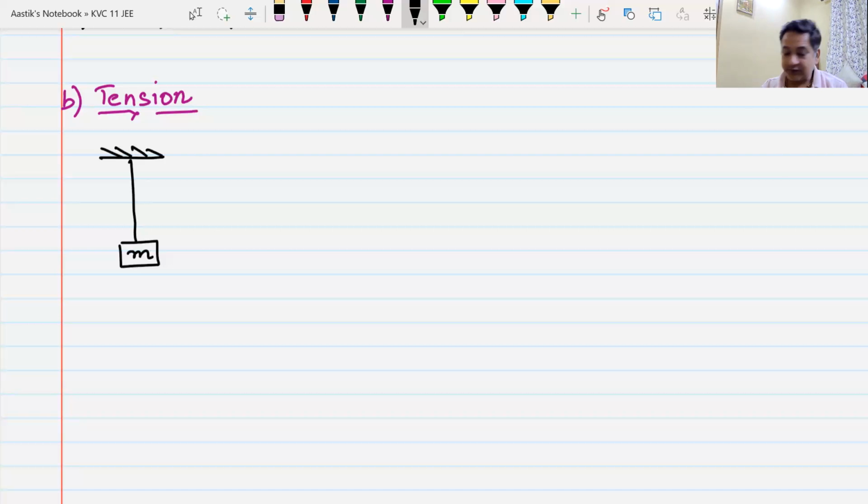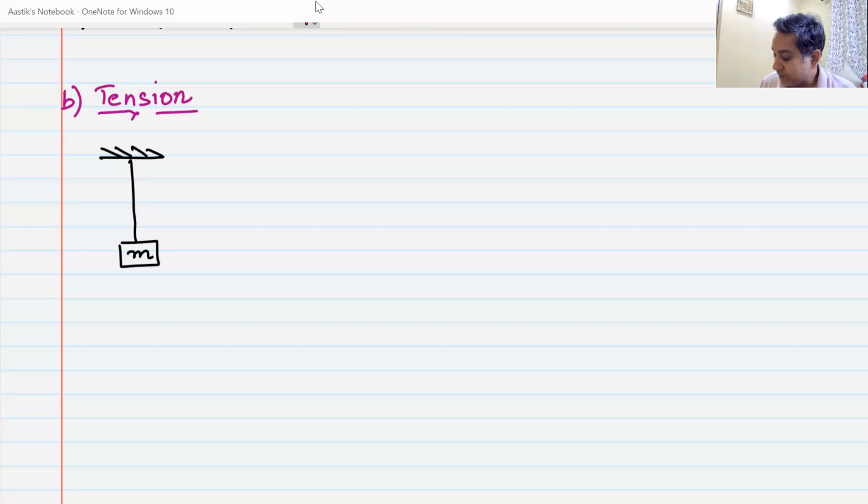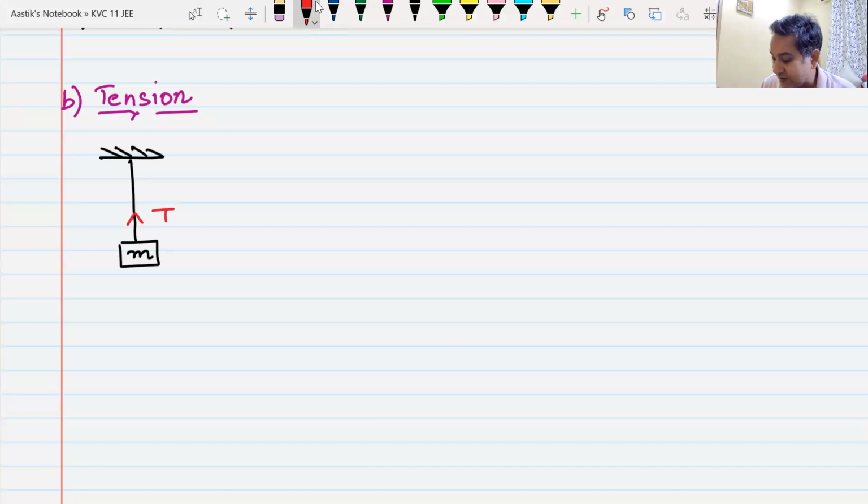In what direction will the string apply force on the block? Upward, downward, leftward, rightward, or like this? Upward. It will apply a force upwards. Since it is tension, we call it T. Now this is the force applied by the string on the block.